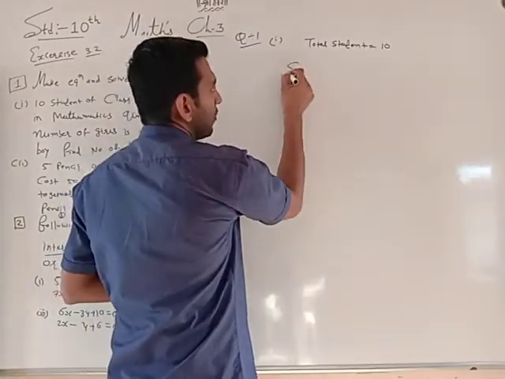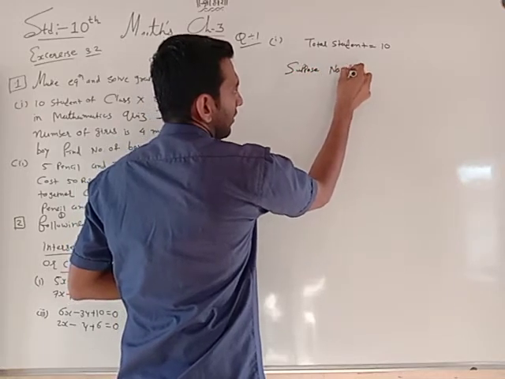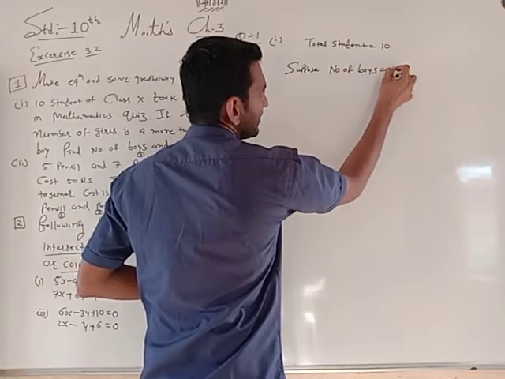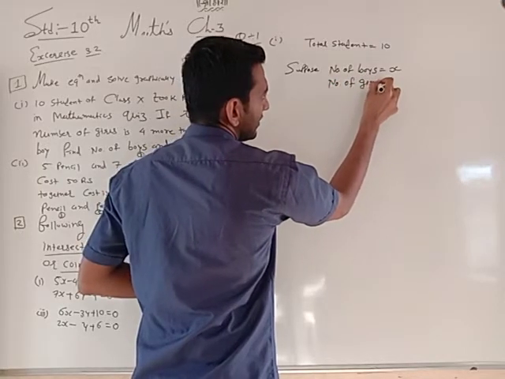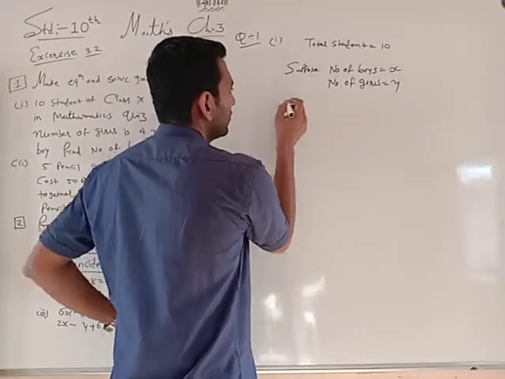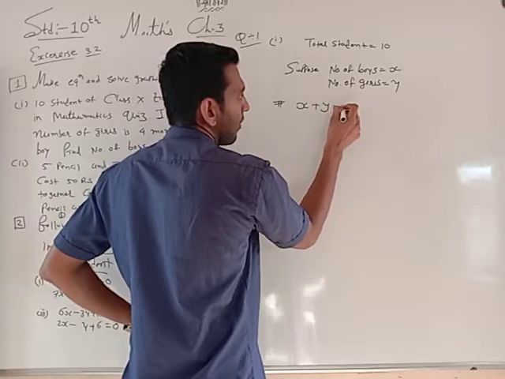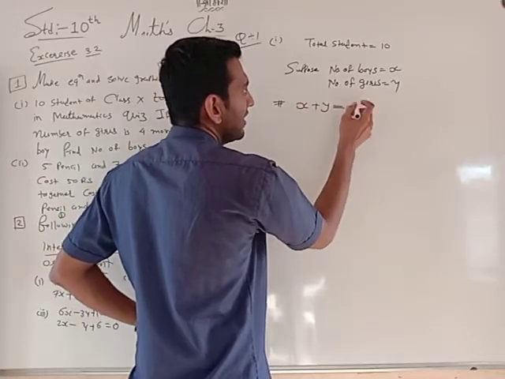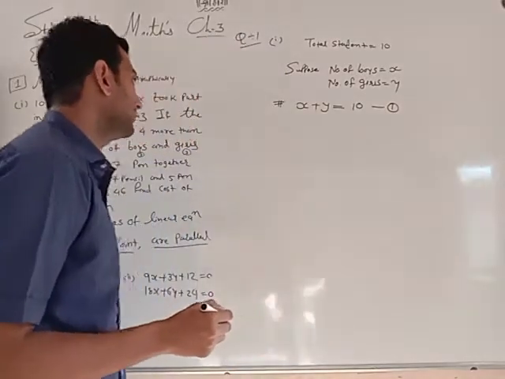So suppose number of boys is equal to x, number of girls is equal to y, and total students is equal to 10. So my first equation is: number of boys plus number of girls is equal to 10. This is my equation number 1.